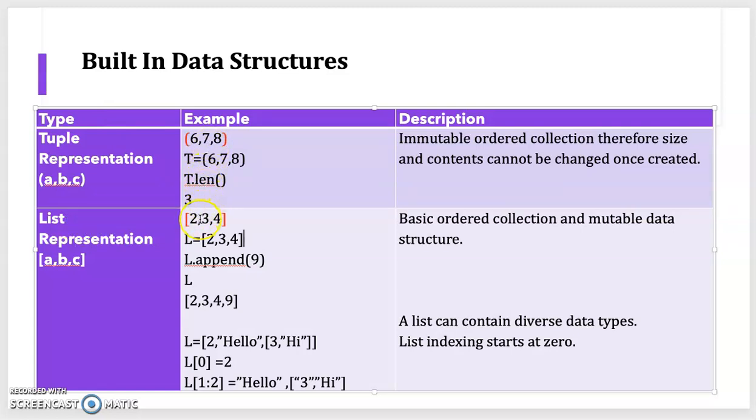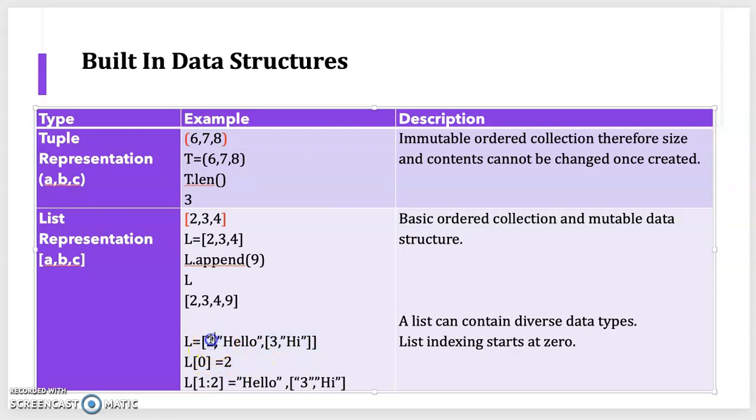Our example earlier was only for integers. But here you can see we recreate the list using the L reference variable, and we reassign it to another list. So you can see I have 1 int element, 1 string, and the next one is another list as the third element.